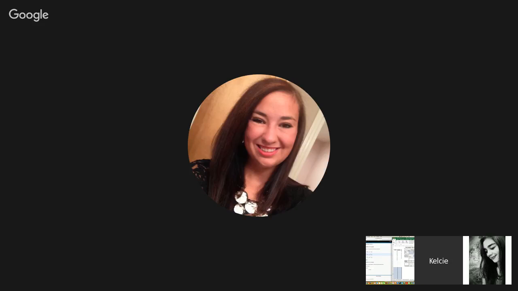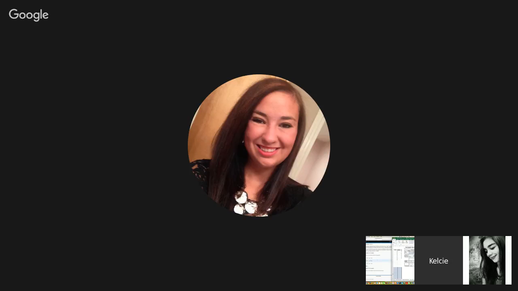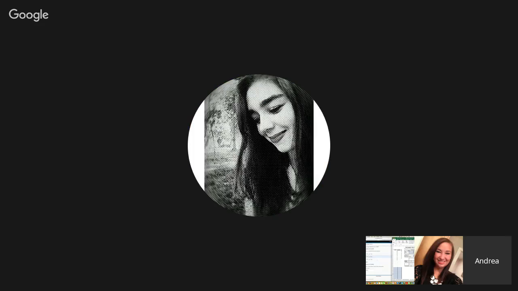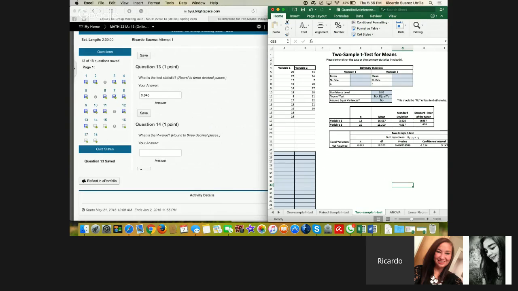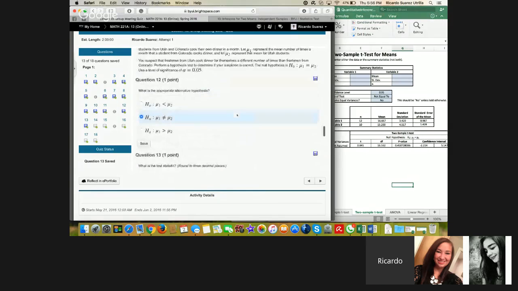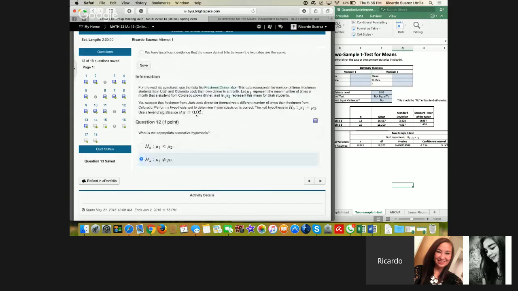I think not equal to. Once you put not equal to and put the numbers in the variable areas, what's your confidence level? 0.95, because the level of significance says it is 0.05.